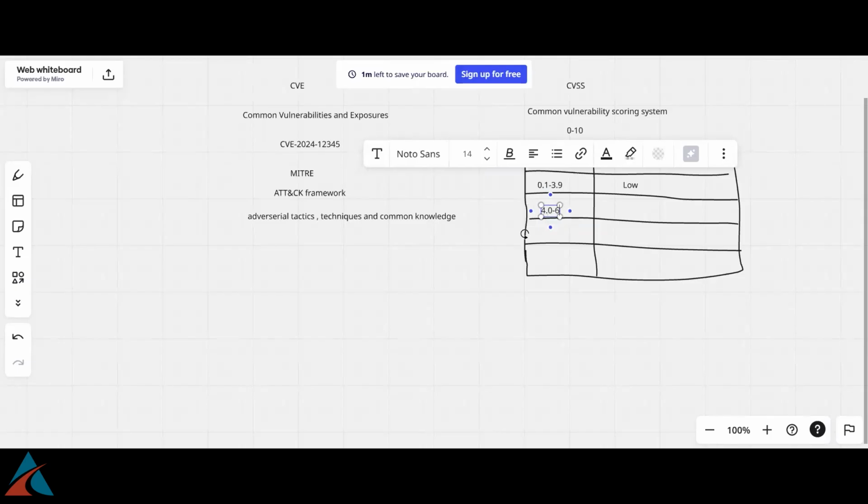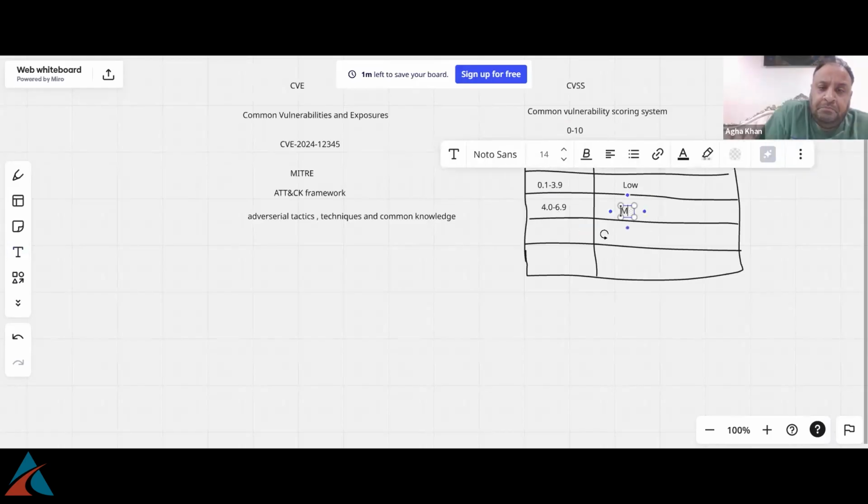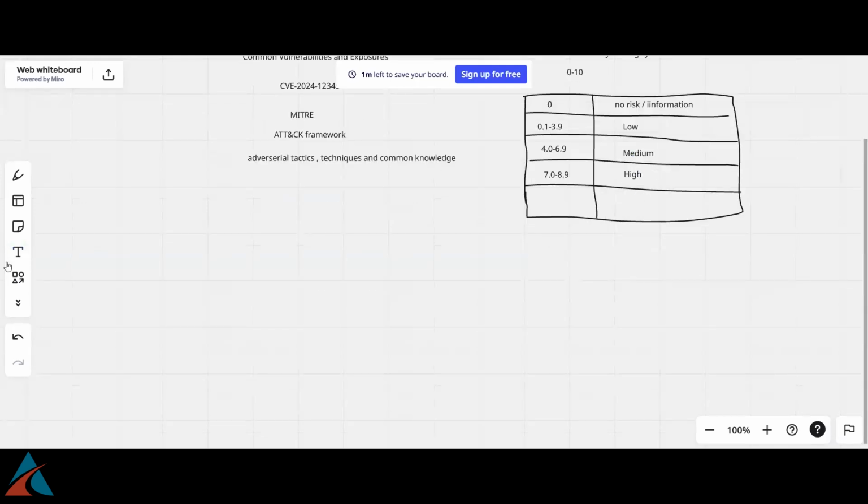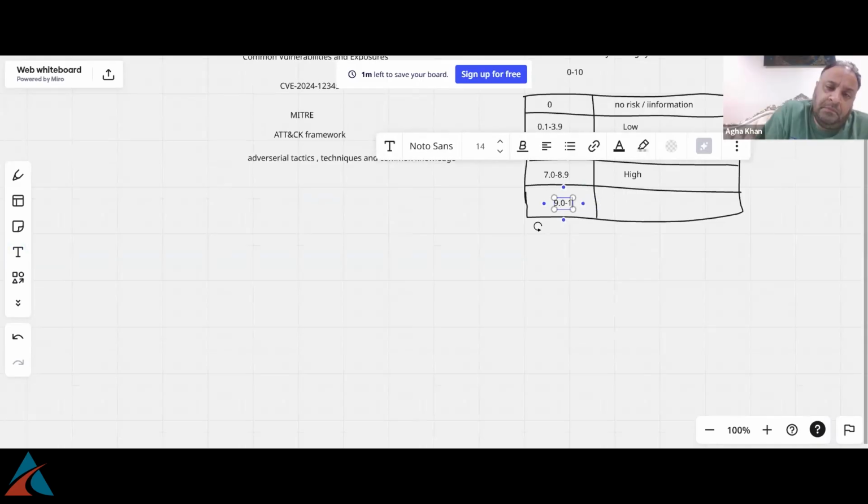Next one that you have is 4.0 to 6.9. This is medium. Medium vulnerabilities. Next, 7.0 to 8.9. These are high vulnerabilities. Last one, 9.0 to 10.